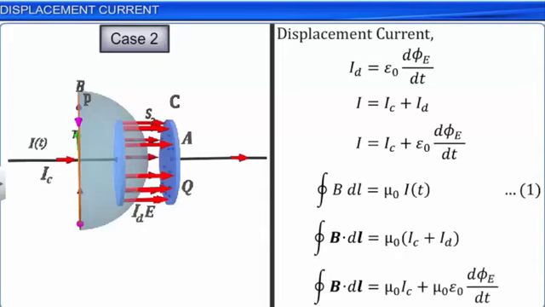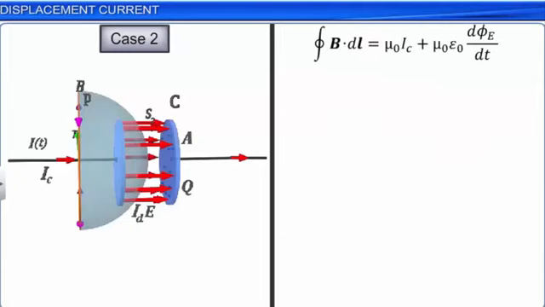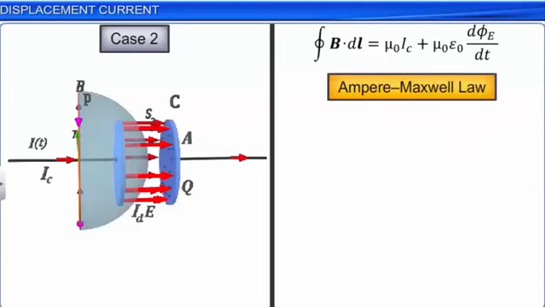In explicit terms, when the point P is considered outside the capacitor, the source of the magnetic field at that point is only the conduction current, since outside the capacitor plates the displacement current ID is 0. Thus, integral over the closed loop B dot dl is equal to mu naught into IC.